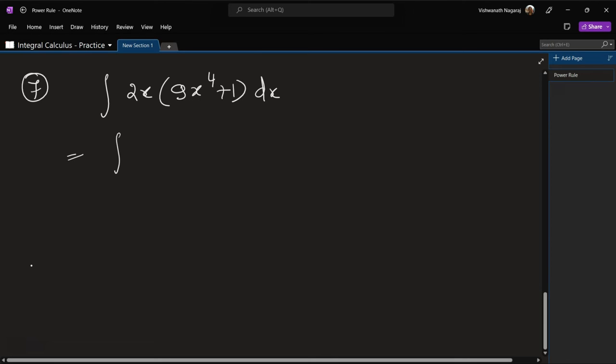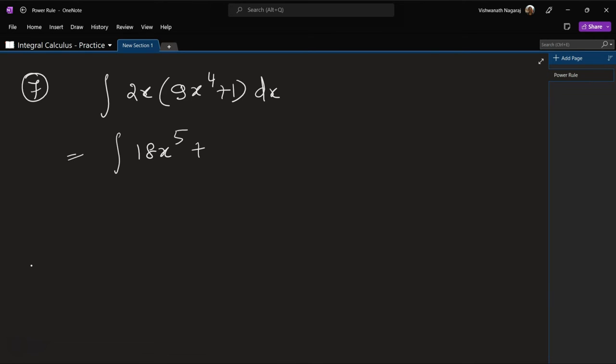Let's multiply it off. 18x to the power of 5 plus 2x. Now to integrate, we can separate it out. Separately we can integrate. So we can write it as integral of 18x^5 dx plus integral of 2x dx.